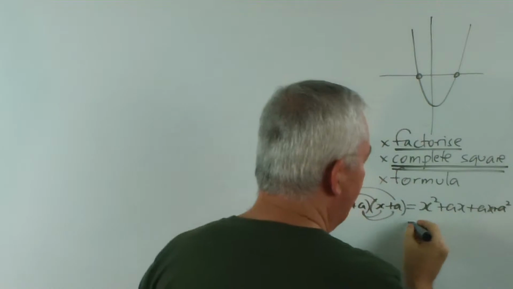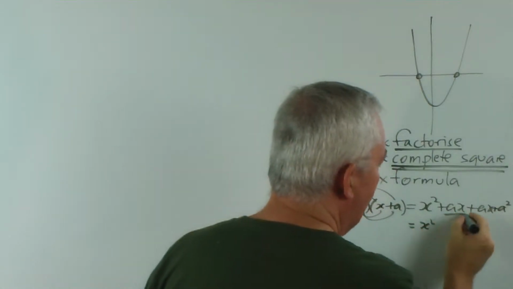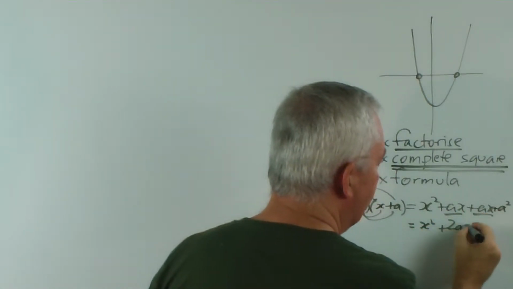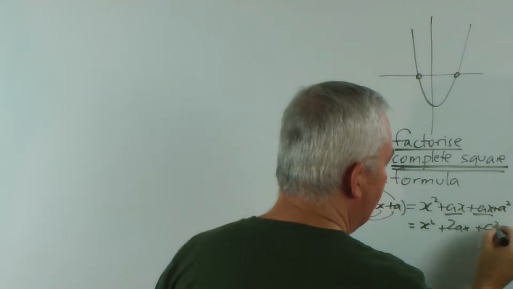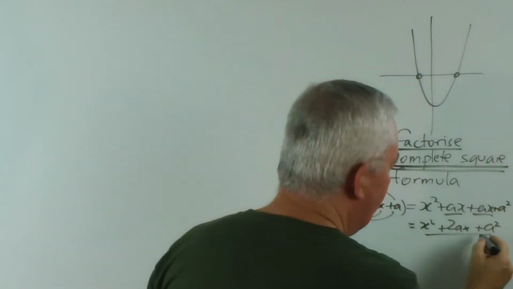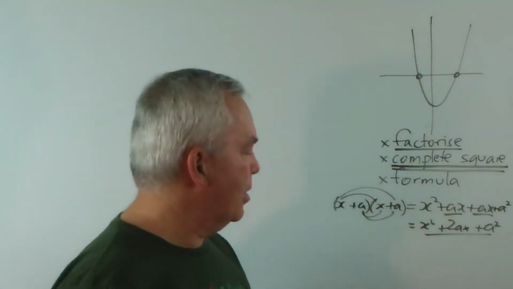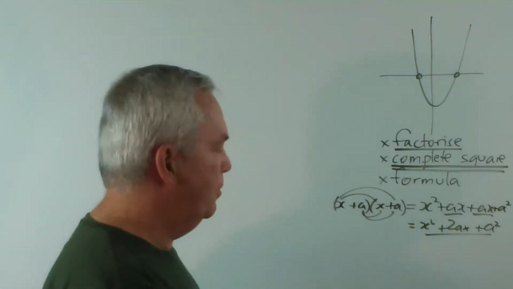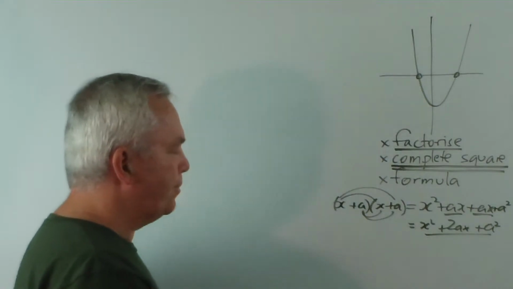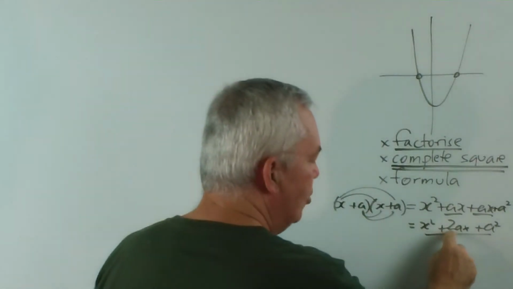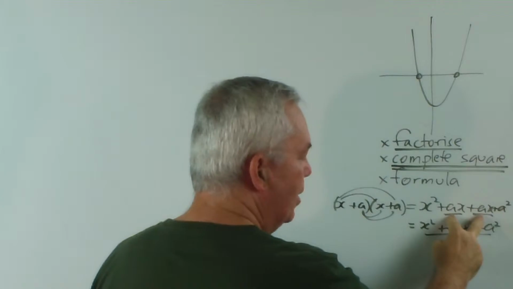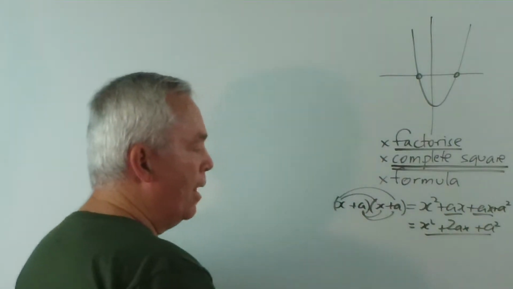So x squared, and ax plus ax is 2ax, plus a squared at the end. This pattern, x squared plus 2ax plus a squared, or x squared plus 2xy plus y squared, or whatever version you wish, always has a 2 here because of these two terms in the middle.